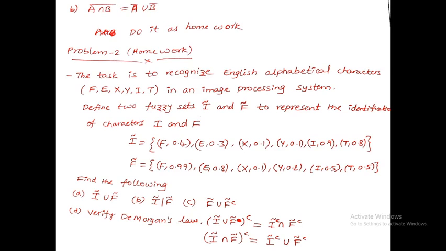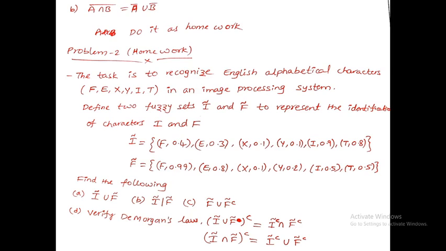Okay. I fuzzy set is equal to F comma 0.4, E comma 0.3, X comma 0.1, Y comma 0.1, I comma 0.9, T comma 0.8. And F fuzzy set is equal to F comma 0.9, E comma 0.8, X comma 0.1, Y comma 0.2, I comma 0.5, T comma 0.5. So these two fuzzy sets are there.